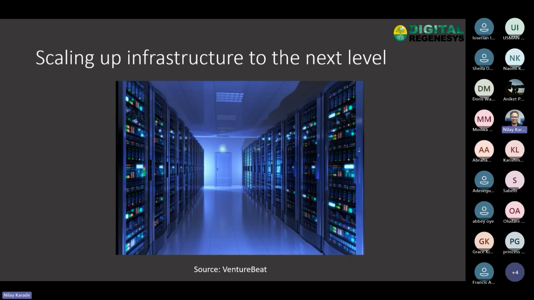Now, what is a cloud? Cloud is like these big rooms, sometimes as big as a few acres of land. And as you can see there, there will be several racks spread across these rooms. Each rack hosts several servers.